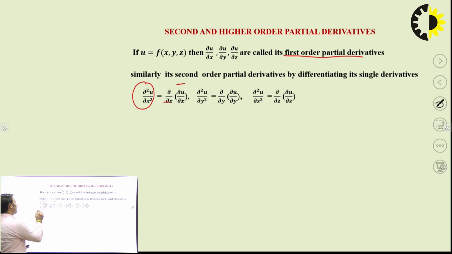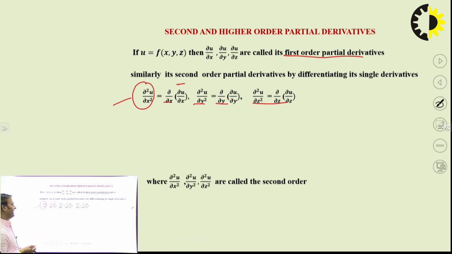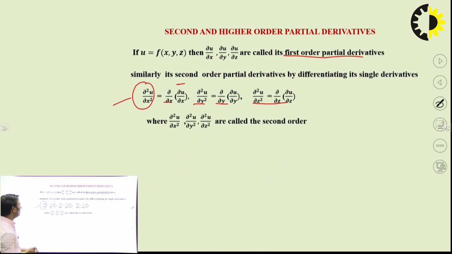This time this is showing the double differentiation of the same function u with respect to x. Similarly, student, we can also calculate the double derivative, the double rate of change of your function u with respect to y, and similarly with respect to z as well. These are called what? Not single order derivatives, because their orders are exactly two, so this is called the second order derivative, right?